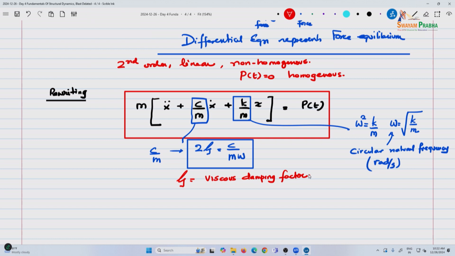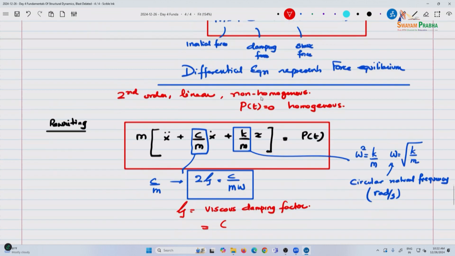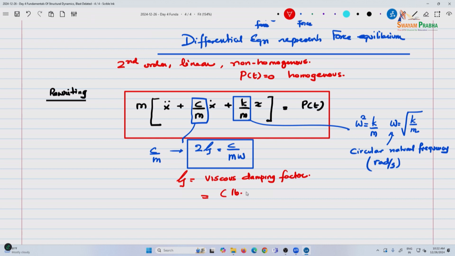Now, if you see the units in this case, c is in pound seconds. To understand some terms, I generally tend to look at what the units themselves are, and it helps you give a different perspective. The m is your mass, and mass is W by g, which is pounds per, let us say, inches per second square.